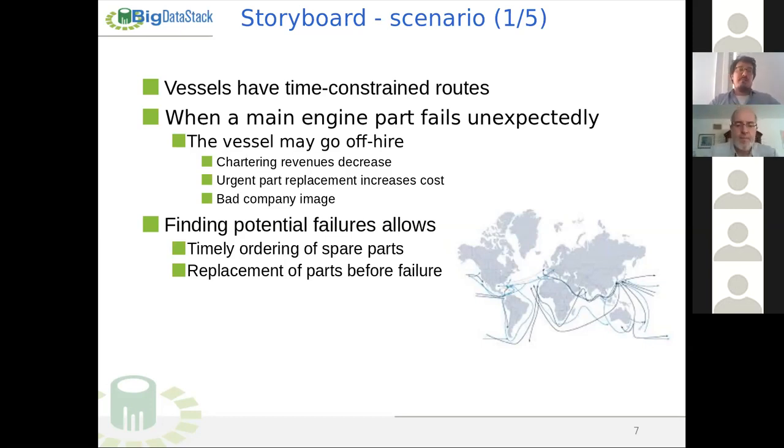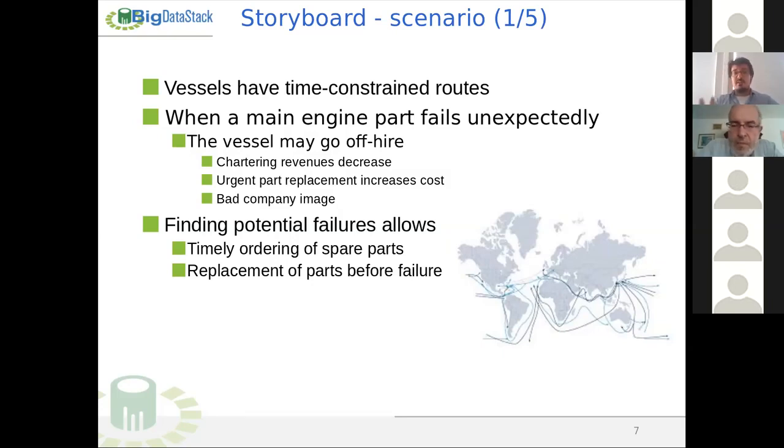So we all know that vessels have time-constrained routes. The thing is that when a main engine part fails unexpectedly, the vessel may go off hire, which is very bad. It's very bad for the company image, and in particular, chartering revenues decrease, while replacing the broken part immediately increases cost.